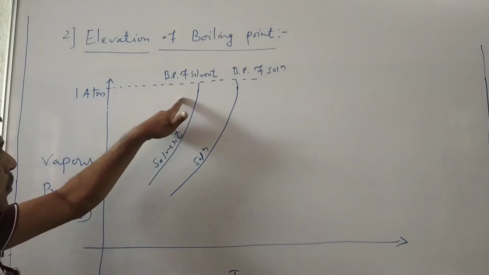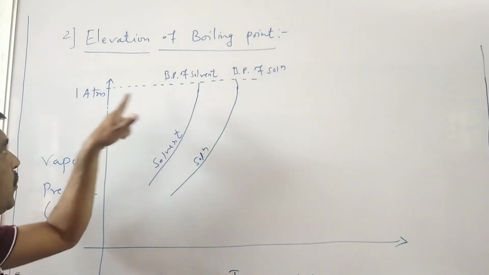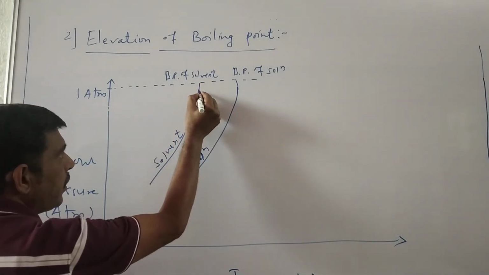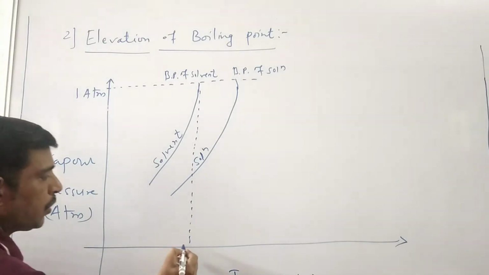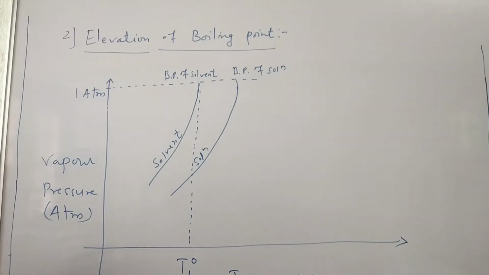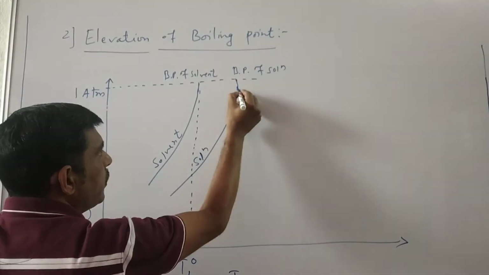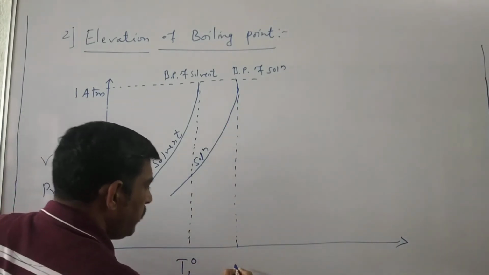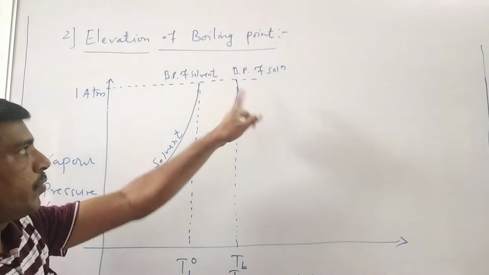So solvent shows a boiling point when its vapor pressure is equal to 1 atmosphere. So from this graph it is clear that this will be the temperature, that is TB naught, the boiling point of solvent, and this will be TB, that means the boiling point of solution.